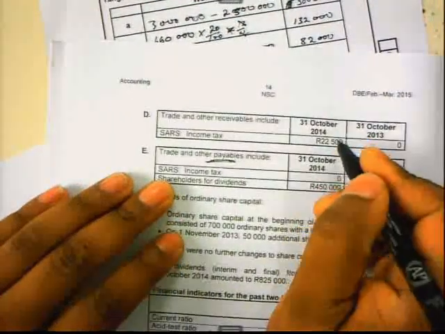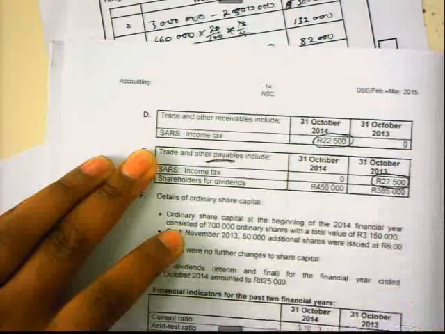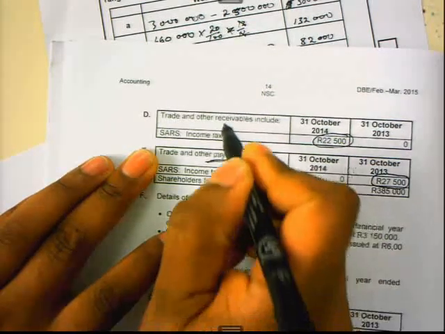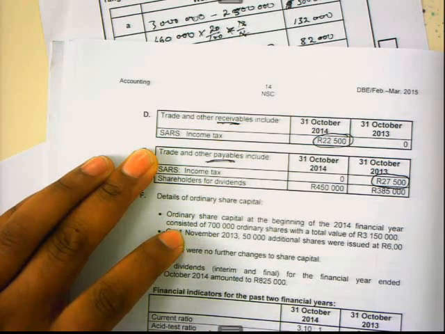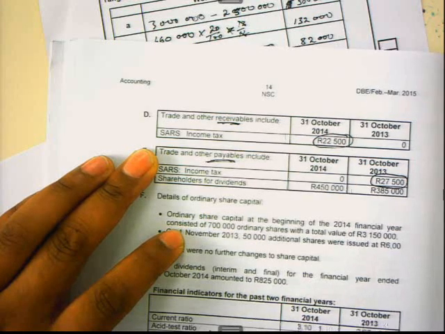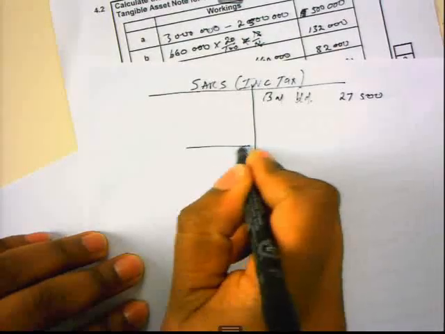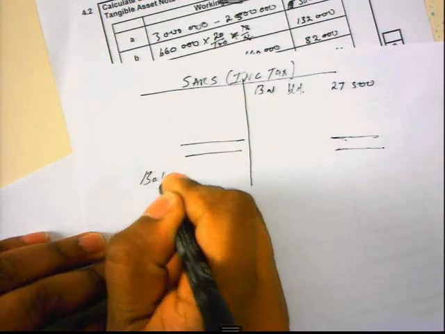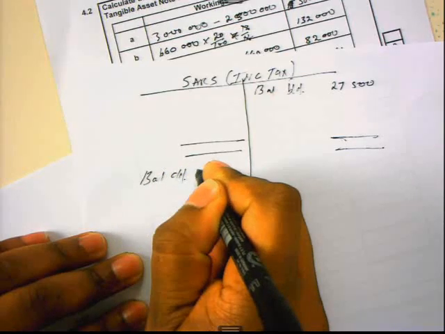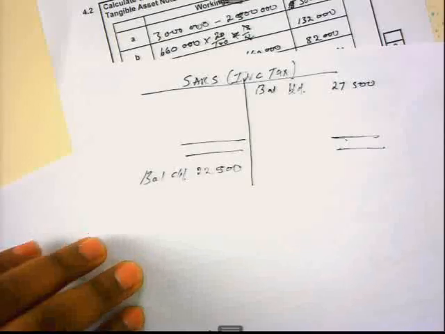At the end of the year, that is the balance of SARS, 22,500. But this time around, it is under receivables, which means now SARS owes us money, which means it is now a debit balance. Then you go to your SARS account. At the end of the year, you say balance carried down 22,500.